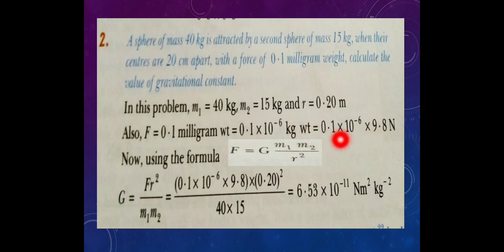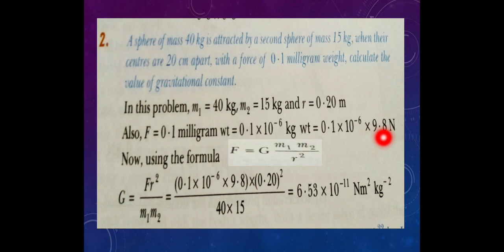So you will get 0.1 into 10 to the power minus 6. Why are we changing milligram to kilogram? It is SI unit, no? And you will multiply this with 9.8 also.